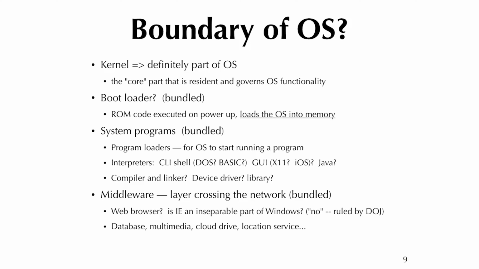Right? And then it may have interpreters, or it may not. So interpreter would be your shell, like a command line interface, like a BASIC or DOS. Right? BASIC is an interpreter in the old days. A graphical user interface, right? Your Windows, iOS, Mac OS. You could even have like a Java interpreter.